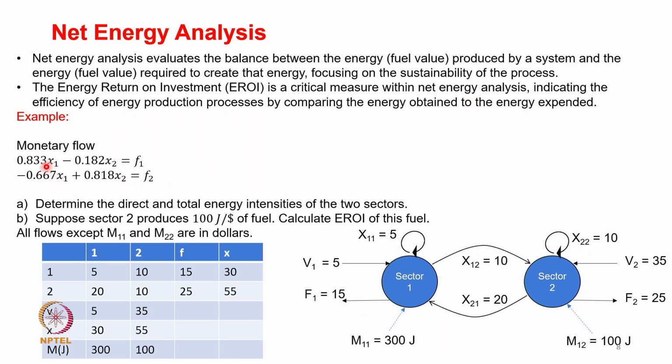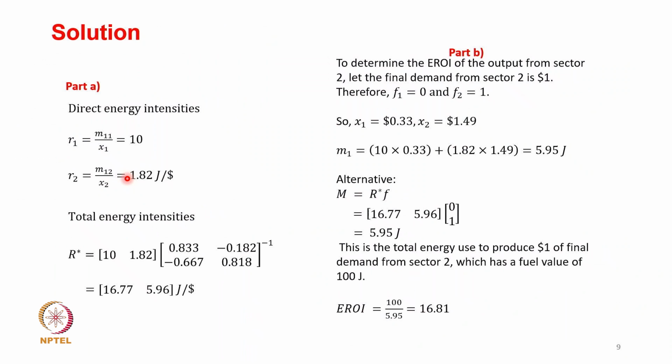So we will be able to solve, plugging in F1 equal to 0 and F2 equal to 1, to get the values of x1 and x2, and that is what is being shown over here by means of solving the set of linear equations. So x1 is equal to 0.33 and x2 is equal to 1.49. Now we have your R, and we do have the corresponding x.